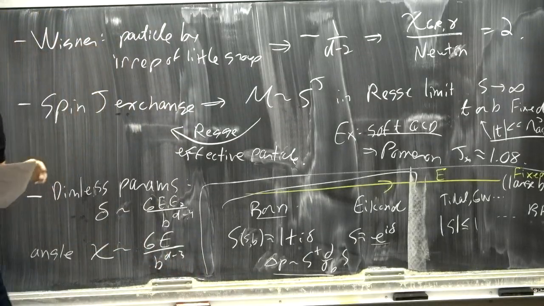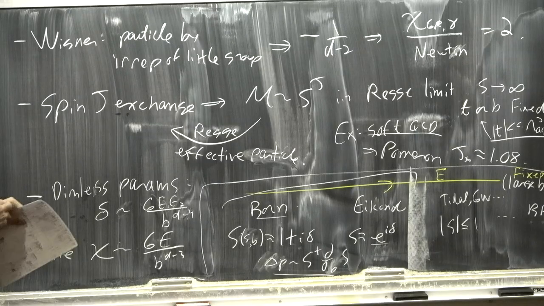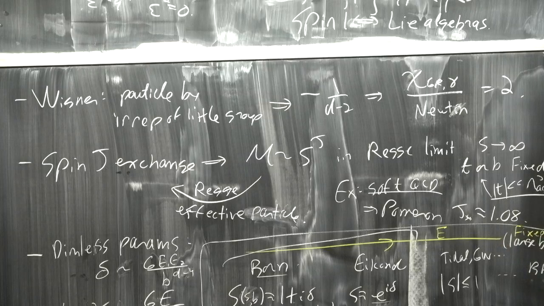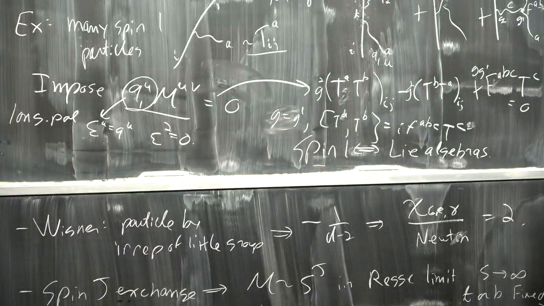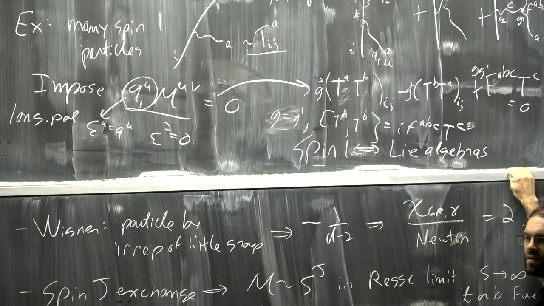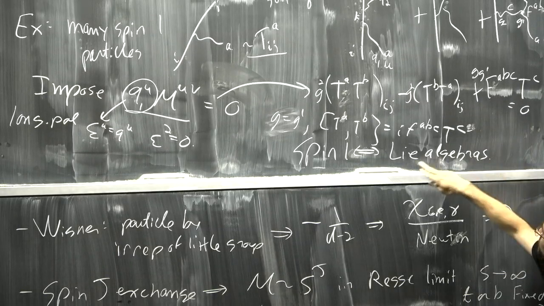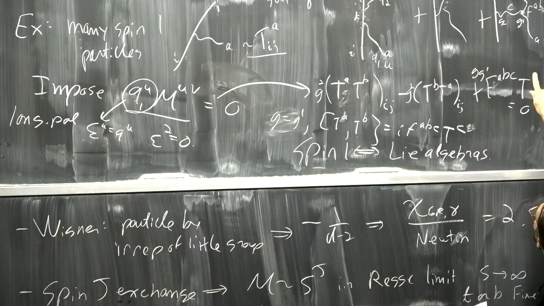Can you ask it again? To say that spin 1 implies Lie algebras, but I think the f^{abc}, did we not put in by hand there? Yes. We would have to show that there are some antisymmetry properties in that vertex. So I think it follows from this constraint, but one also has to play a little enumeration game here.